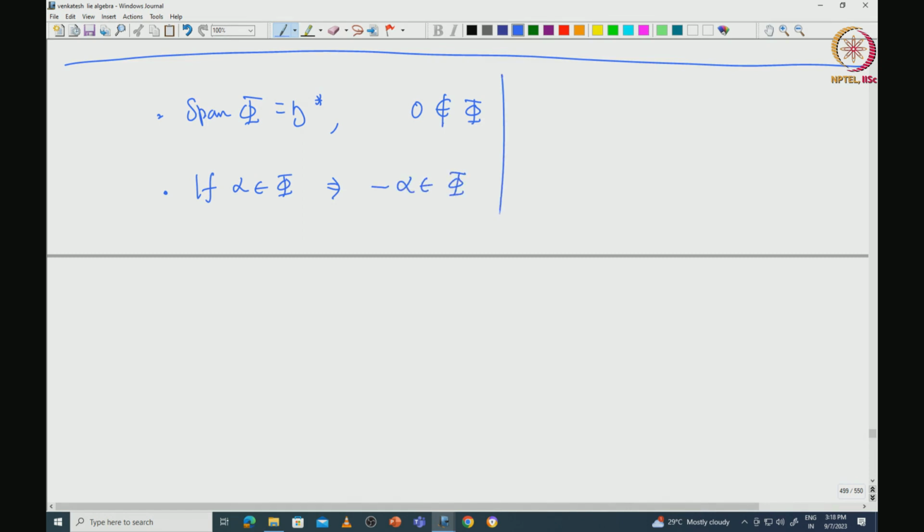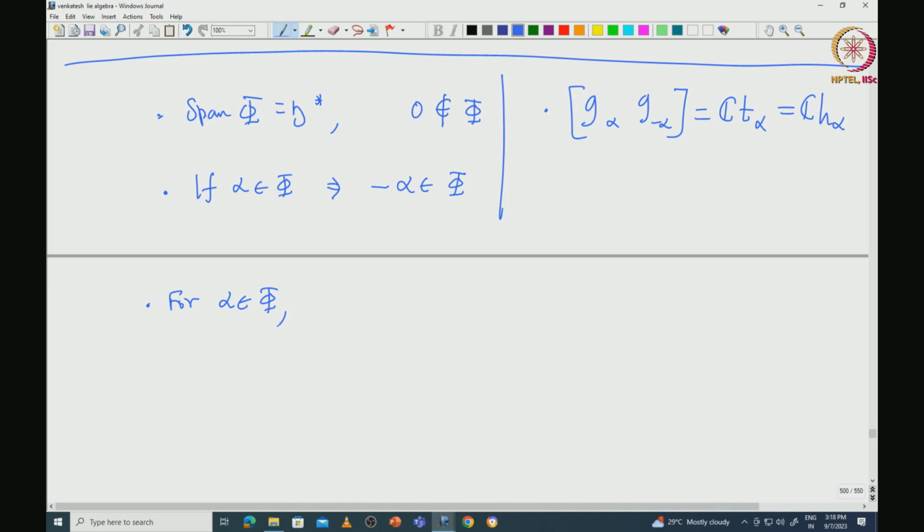If we take g alpha and g minus alpha, we proved that this must be a one-dimensional space spanned by t alpha. By scaling t alpha we can also say it is a one-dimensional space spanned by h alpha. Now for alpha in phi.